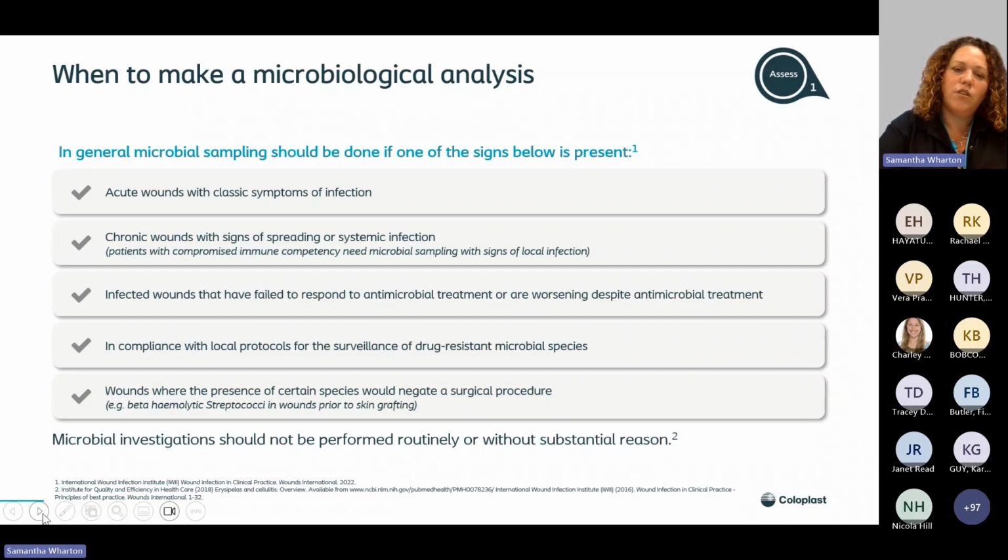But also when you're looking for those drug-resistant microbe species, and when maybe you're going to do skin grafting, for example, and you need to assess the area of skin to make sure that there are no microbes that are going to make that procedure not go ahead.